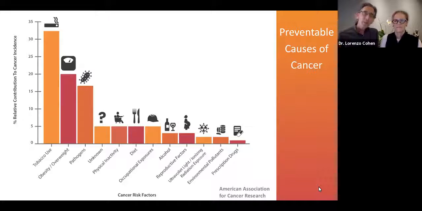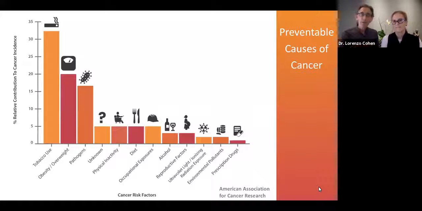Some estimate it's probably closer to 70%. There are behaviors such as smoking, and this area that we call energy balance, diet, exercise, overweight, which accounts for about 30% of cancers. And in some cases, like endometrial cancer, it's estimated as about 70% of cancers.